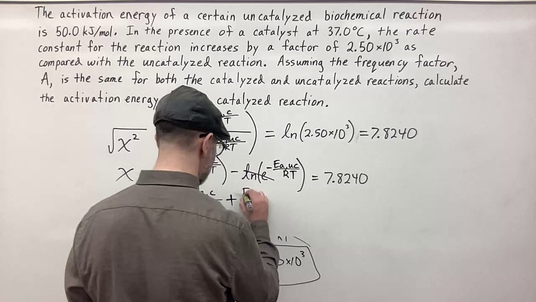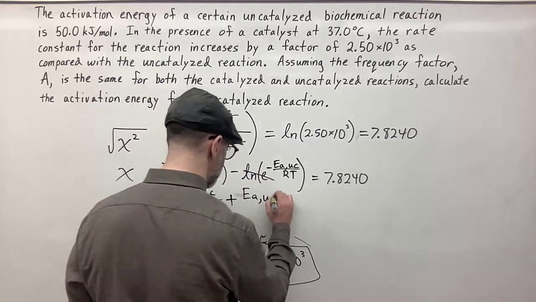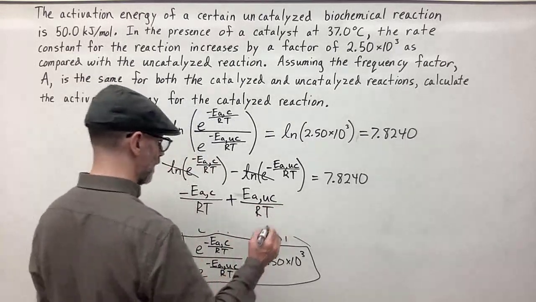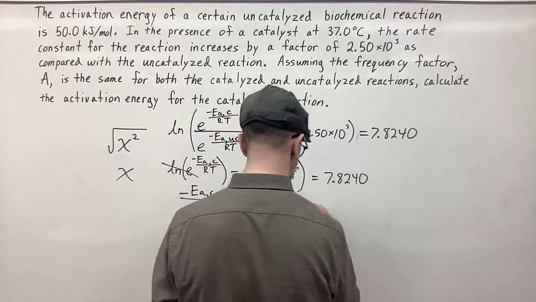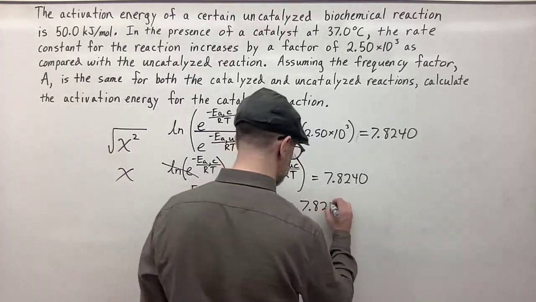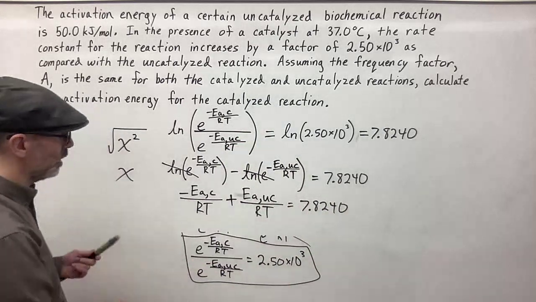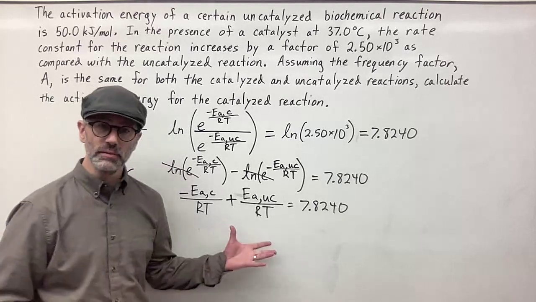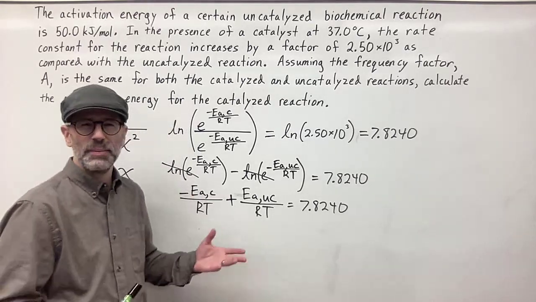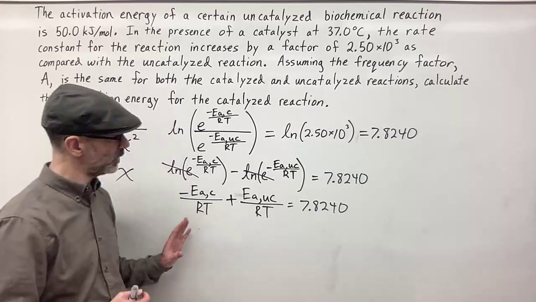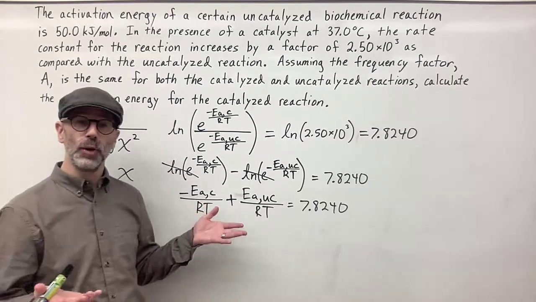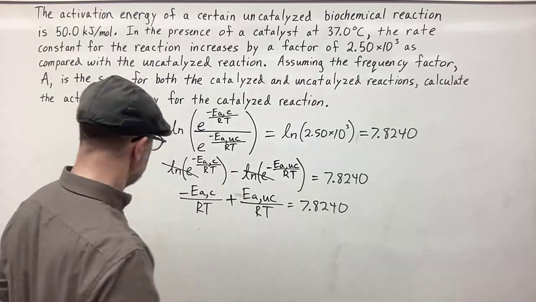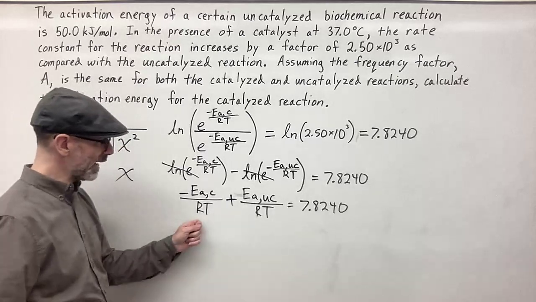And so it's going to be EA of the uncatalyzed reaction over RT, and again that's going to be equal to 7.8240. Okay, so we're well on our way. I know this is taking a little bit of time, but this is the way to solve the problem. It might not be the only way. It might be slightly different ways, but this is the way that I'm showing. If you have a different way or an easier way or a quicker way, put that down below in the comment section, please.